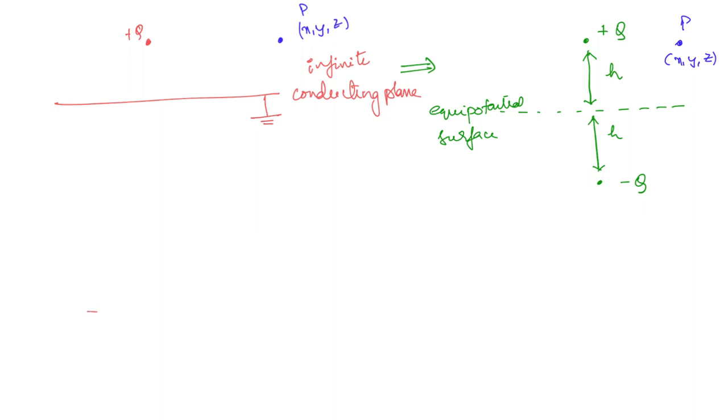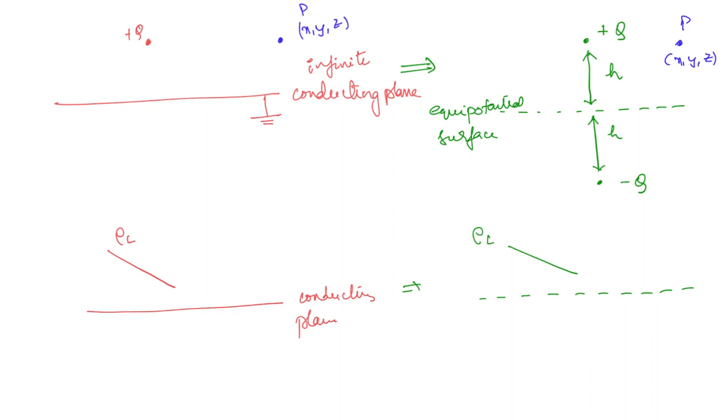So for example, if there is a conducting plane like this and let us say there is a line charge, uniform charge density rho L, then what is going to happen? On the other side, you just have to replace it with its image. So this is as it is, rho L, and the image is at equal distance.